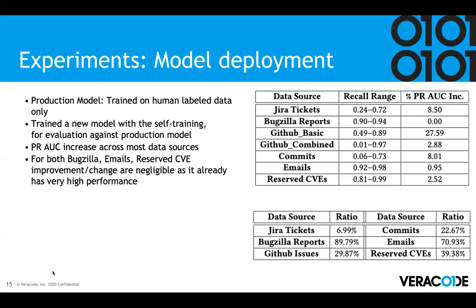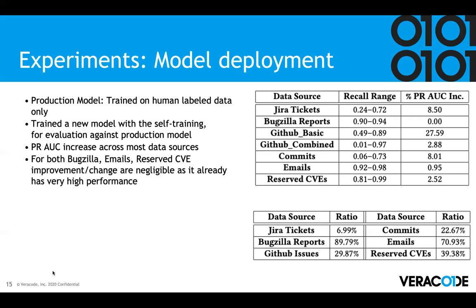Based on these metrics, if we only look at the precision recall metrics, models trained with the new self-training approach tend to perform better than the previous approach where we only trained on human-labeled data. The precision recall curve AUC, that is area under the curve, increases for most of the cases.